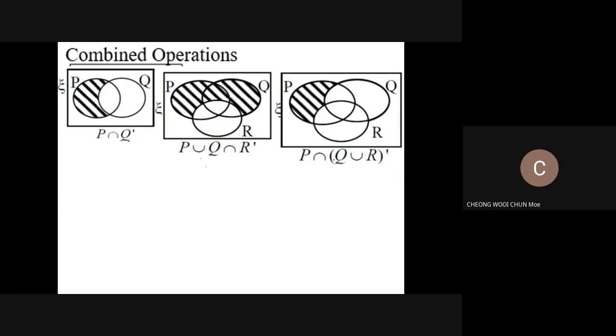For this situation, look at the bracket first. This one has no bracket, that's why you start from the beginning, from the front. So Q union R, Q and R holding here. Complement means outside here, everything, but must intersect, touching P here.